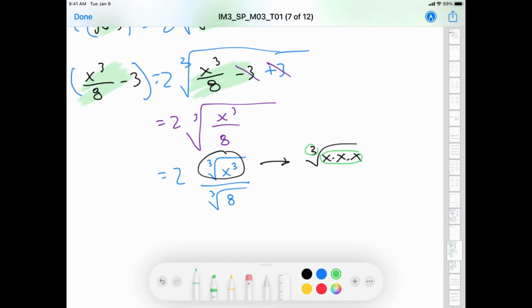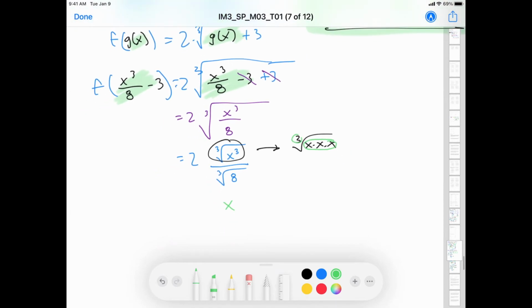Yeah, 1, 2, 3. They hold hands, they come outside, no more radical. They're not inside the house anymore, okay? If you look at this one, same thing, but it's in the denominator, so they can hold hands and come outside, okay?